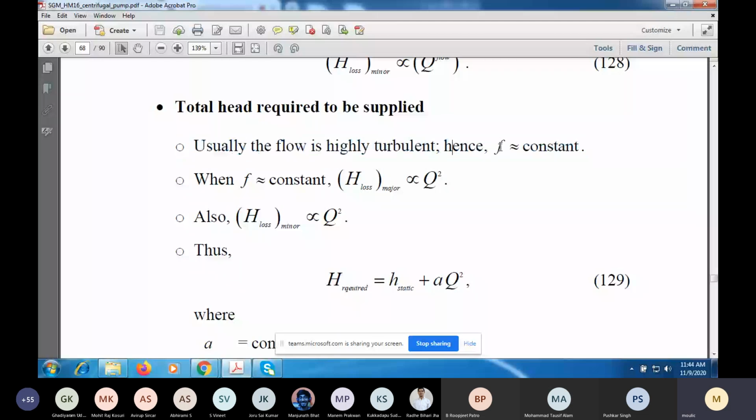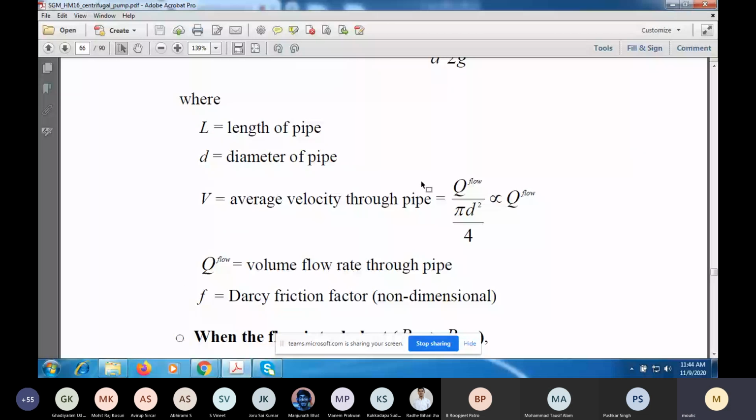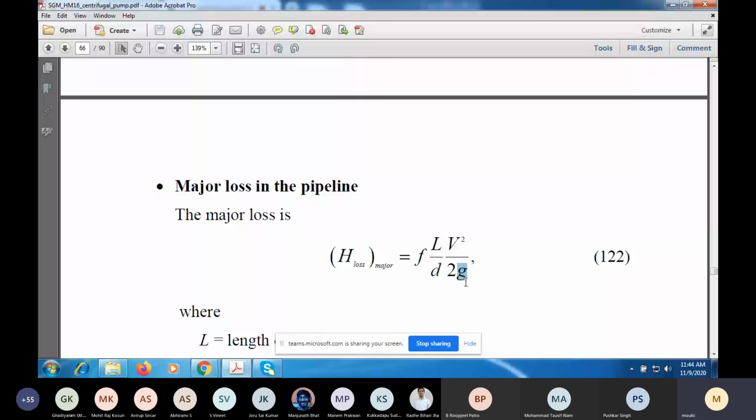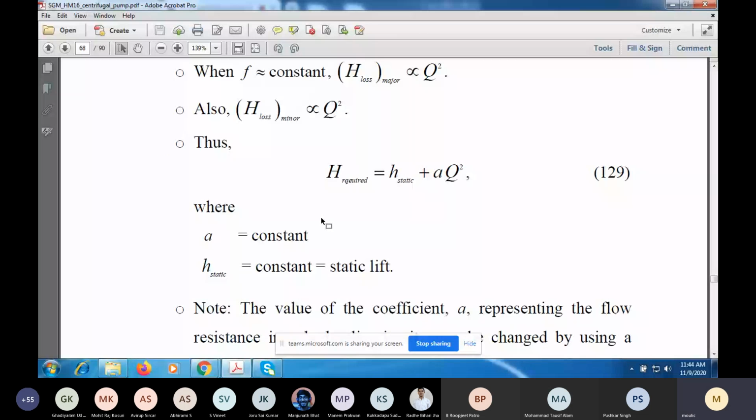So major loss is also proportional to Q squared because V is proportional to Q. So the H that is required is of this form: H static plus A times Q squared.